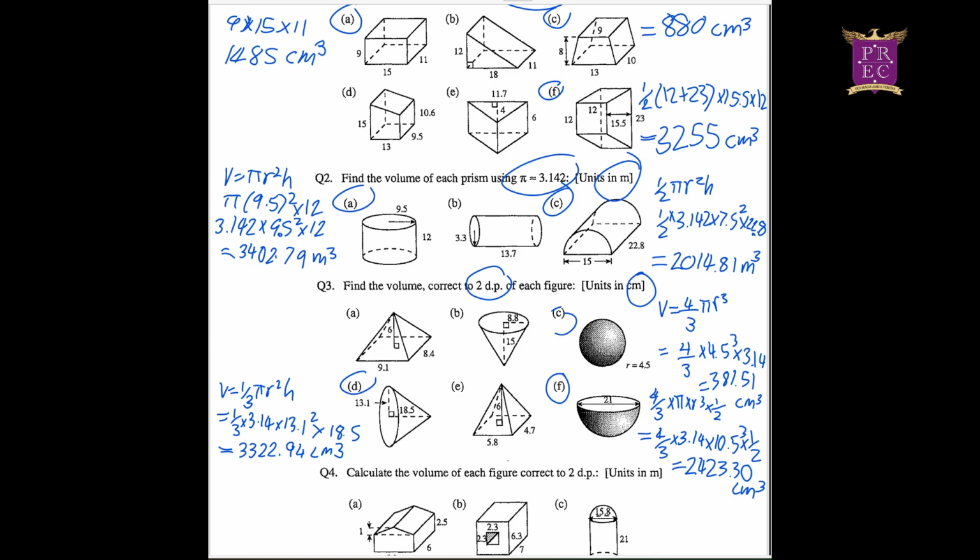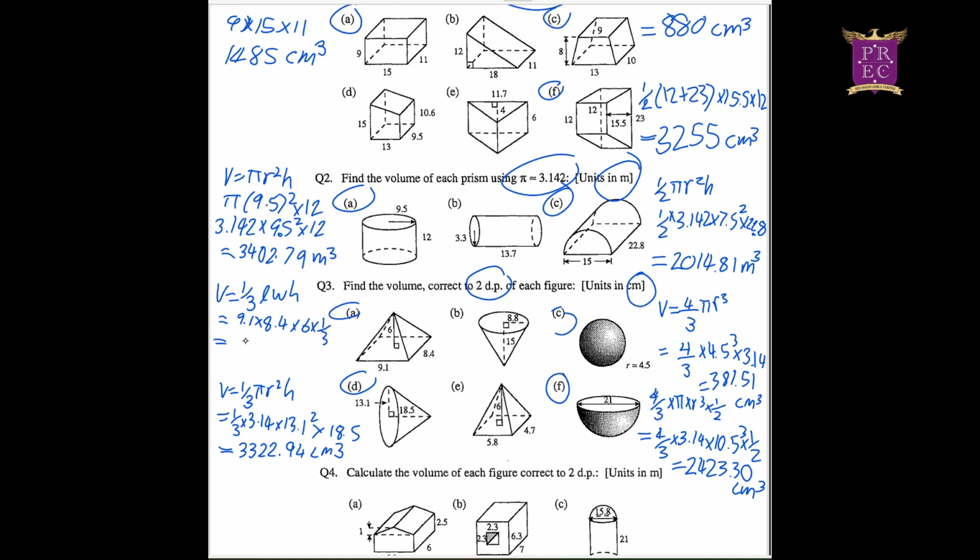We can do the pyramid as well, because we haven't done a pyramid question. What's the volume of a pyramid? 1/3 length times width times height. We've got 9.1 as the length, 8.4 as the width, and 6 as the height divided by 3.